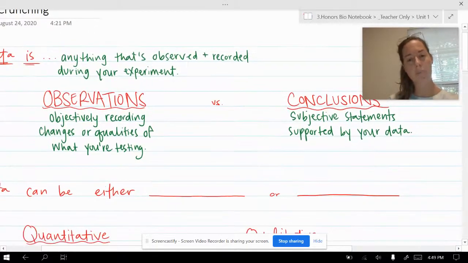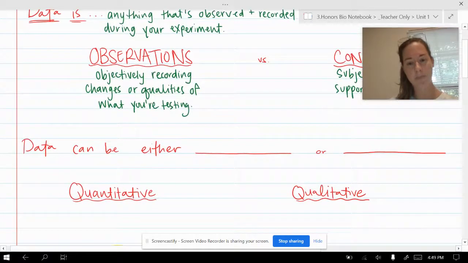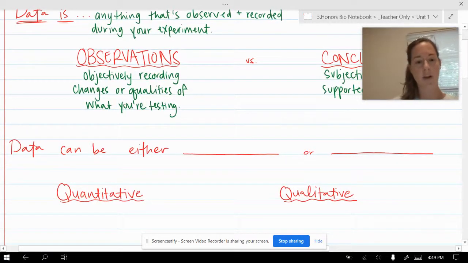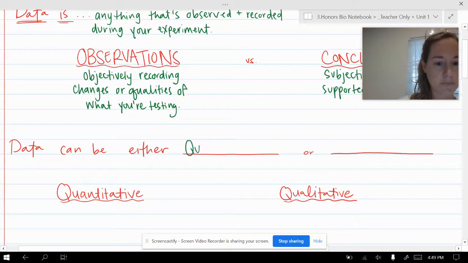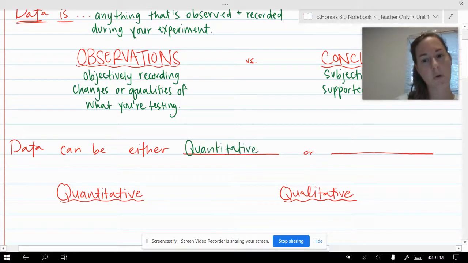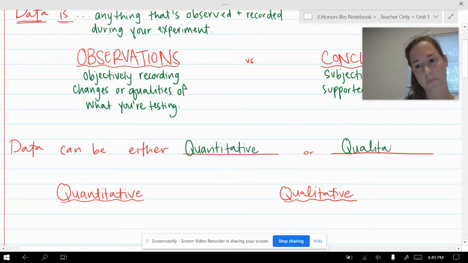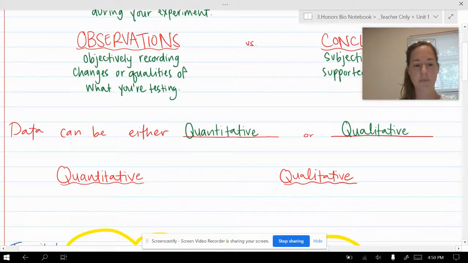All right, so going back to talking about data, your data can either be quantitative or it can be qualitative. And we'll talk about the difference right now. Quantitative data, when you hear that word, it sounds like quantity, and that's helpful because it's related to counting.